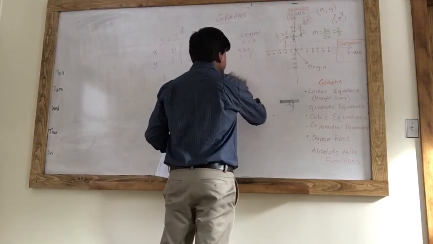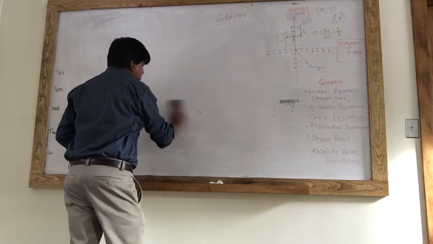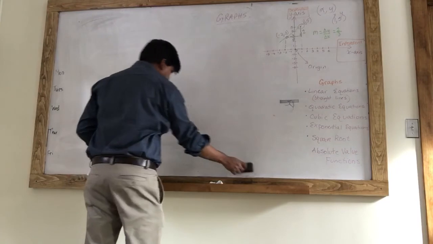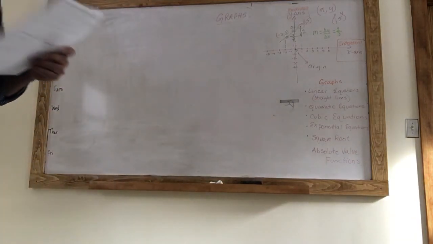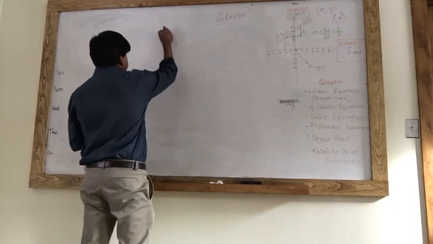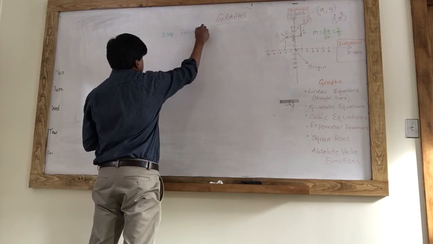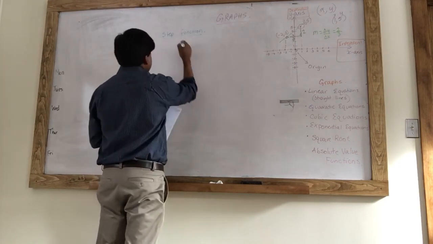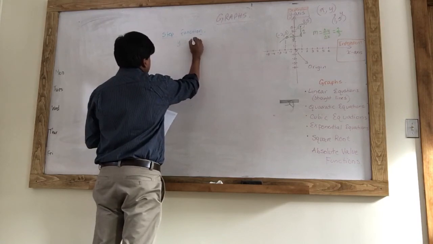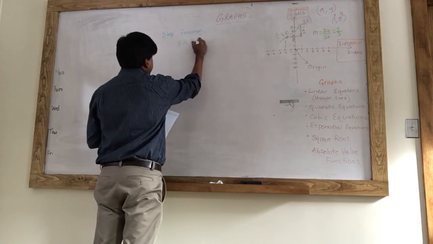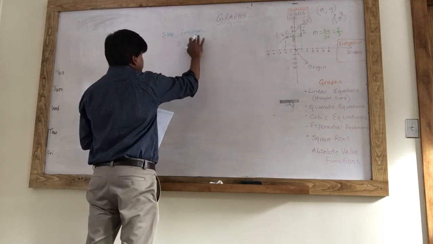And then we'll do one last question, which is called the step function. Now, how does the step function work? Something like this. You'll see this. So the graph is more or less like a step.